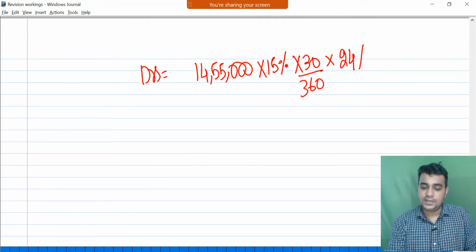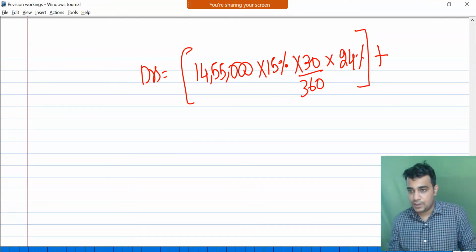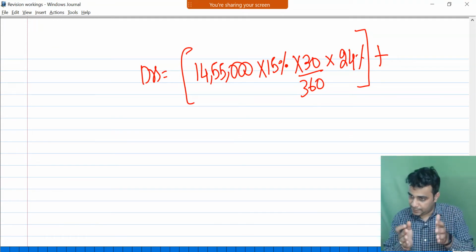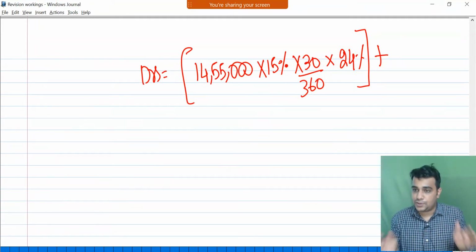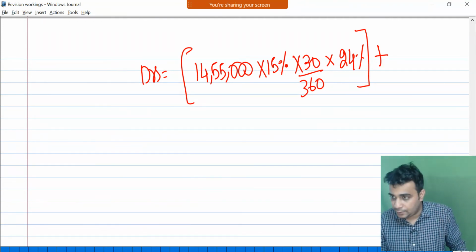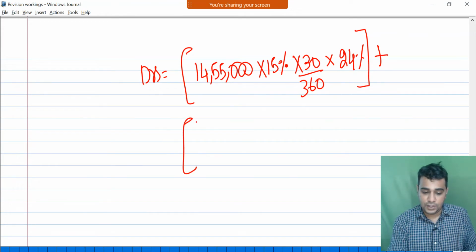So this is the interest cost for the first 15%. 14 lakh 55,000 into, let's not do the calculation, into 15%, because 15% of the bill would be paid in 30 days. So this amount is due for 30 days and 24% is my rate of interest. Then next 14 lakh 55,000. Next segment what percentage?